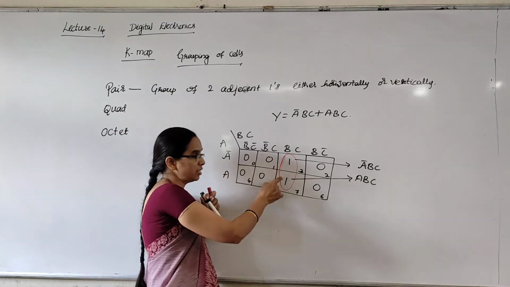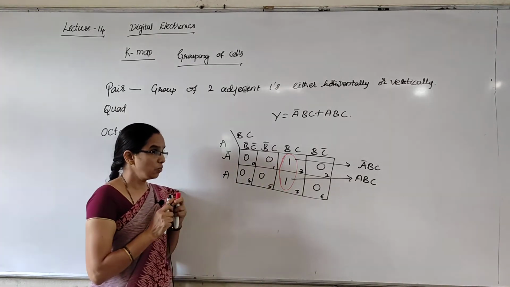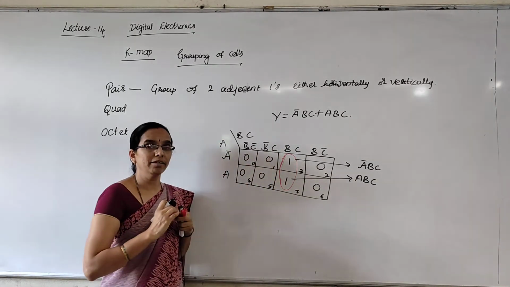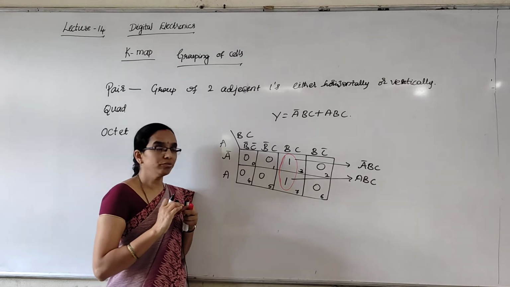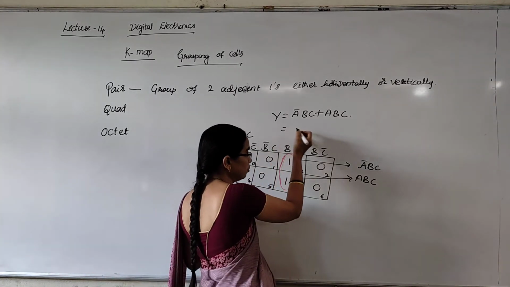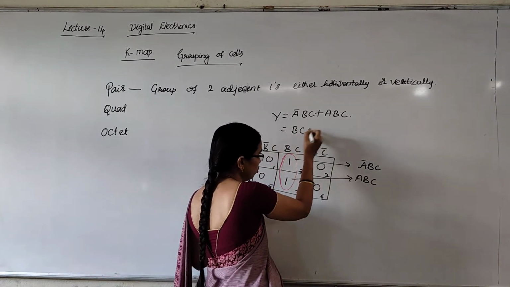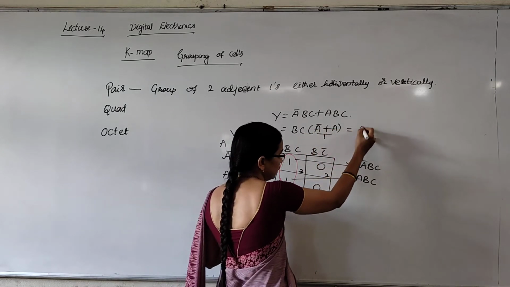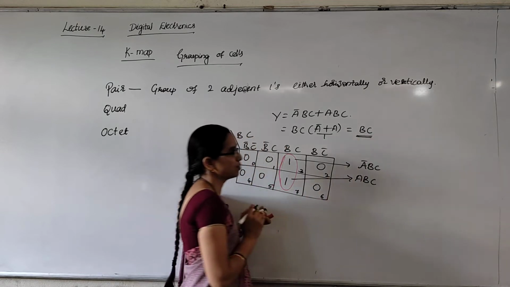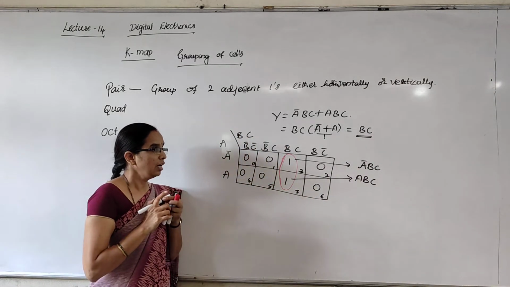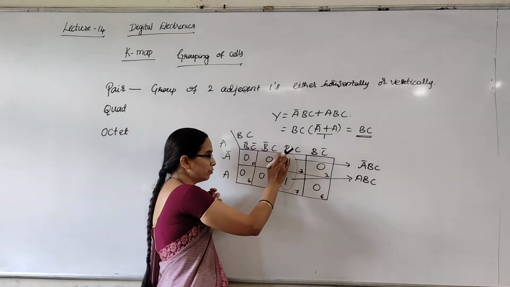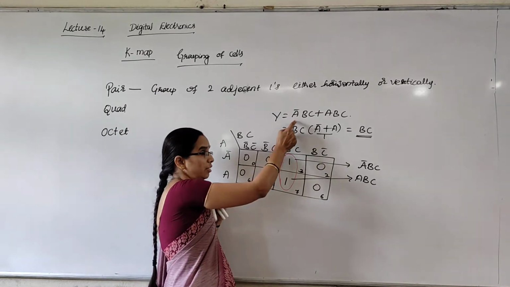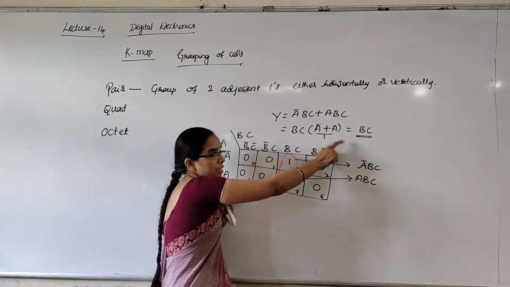So, if I want to simplify using Boolean laws, what will be my expression? I will take BC common, A bar plus A, and this will be 1. So, I will get the simplified expression as BC. So, by grouping ones in K-map, we can simplify the given Boolean expression into BC only.